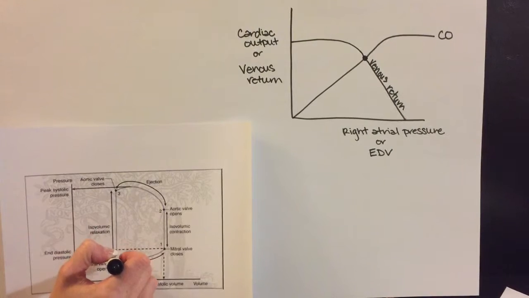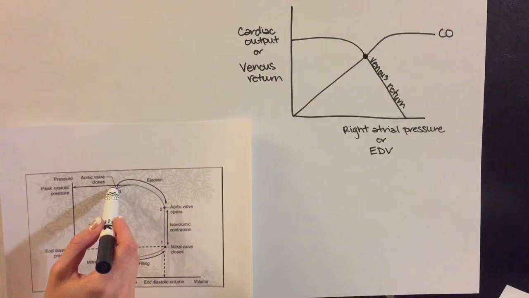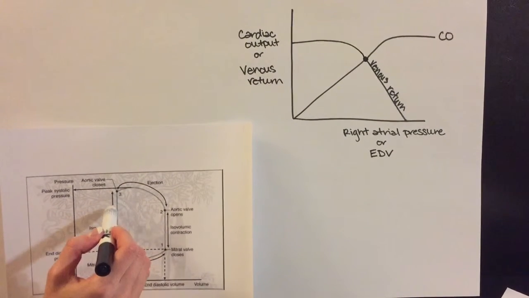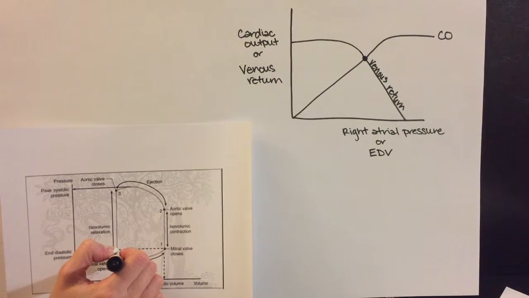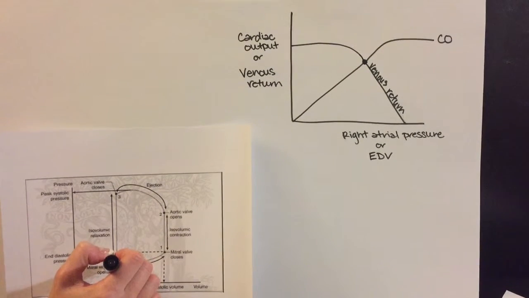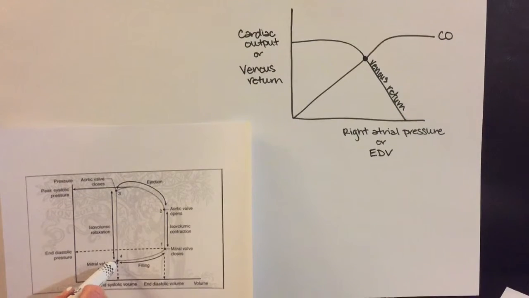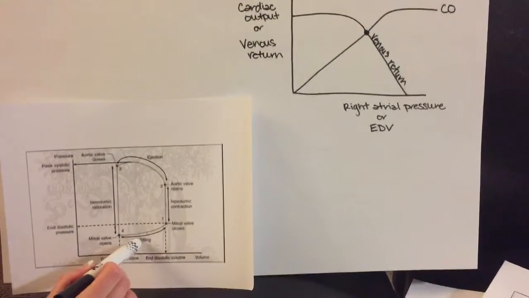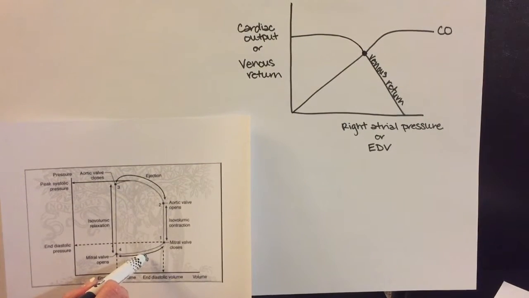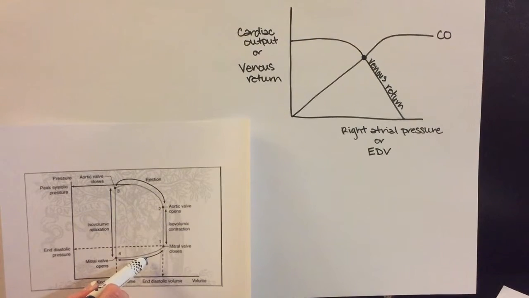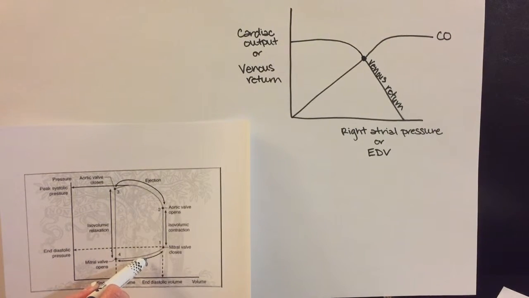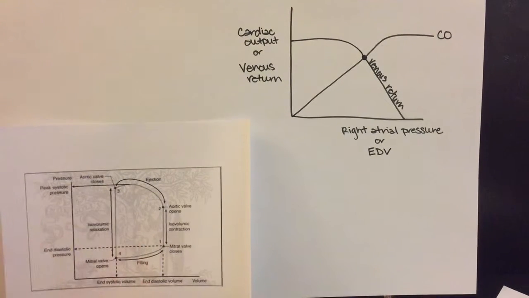With both valves, both mitral and aortic, closed, you now have isovolemic relaxation until the mitral valve opens. After the valve opens, you have passive filling of the ventricle, and then you have atrial contraction or your atrial kick, which generates your active filling until end diastole, and then the next contraction begins.